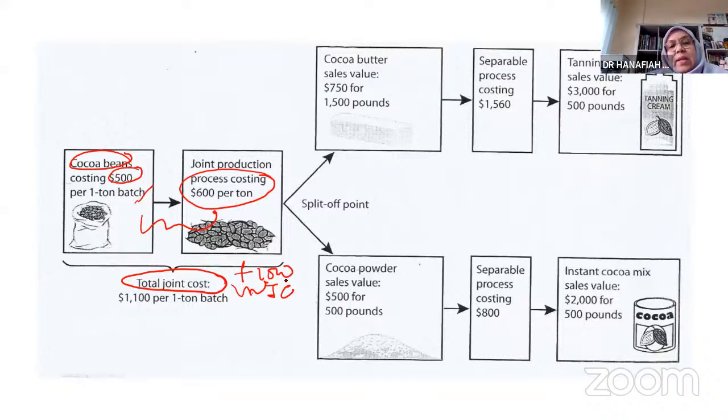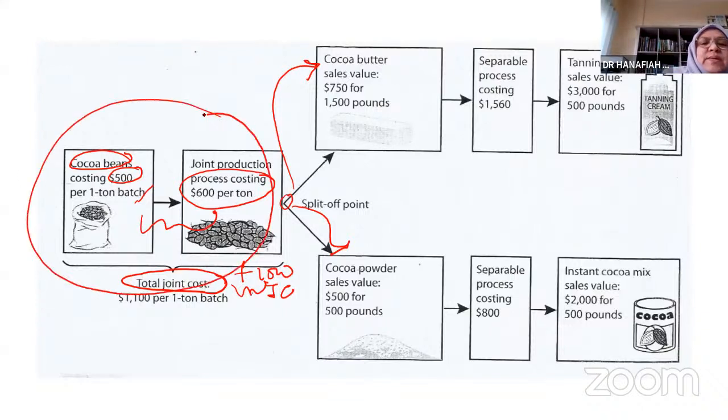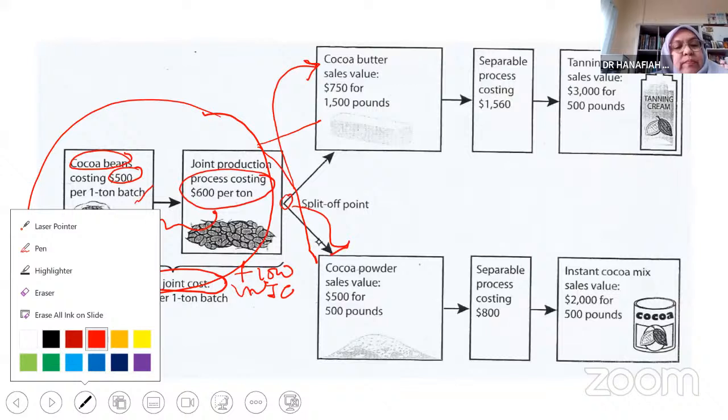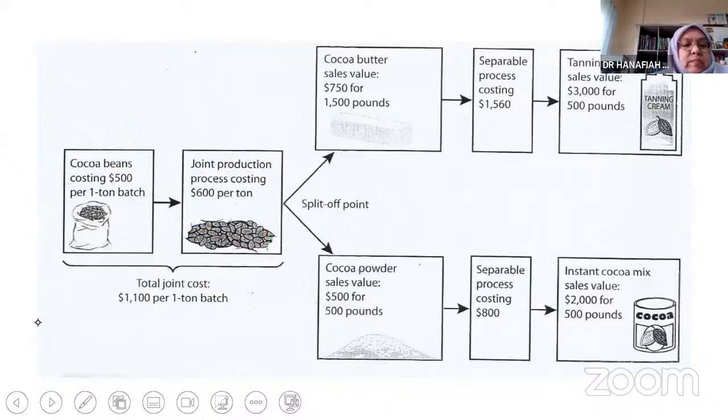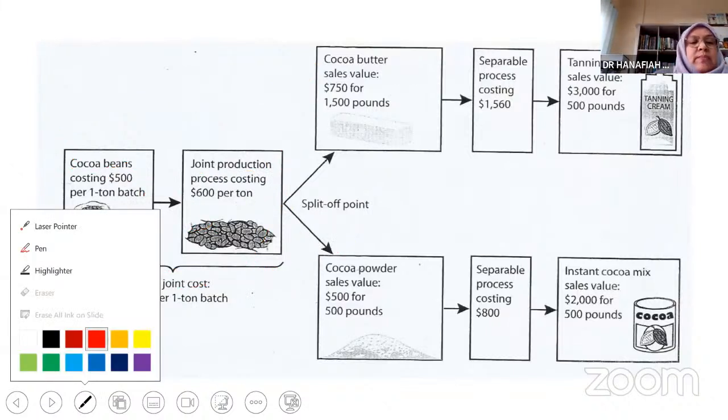And now let's say you stop here and you want to produce cocoa butter. Another one is cocoa powder. Let's say from the same process, you come out with two items or two products. All right.